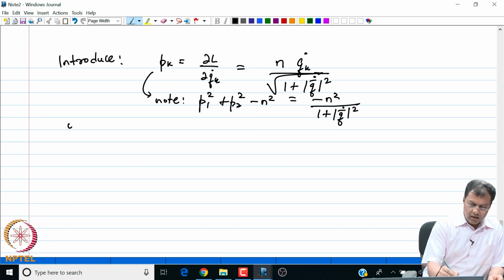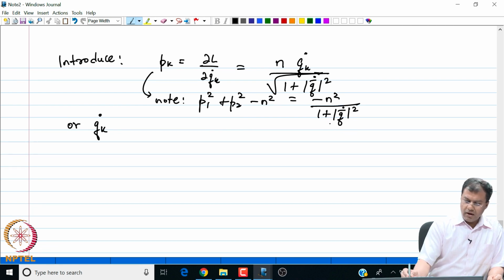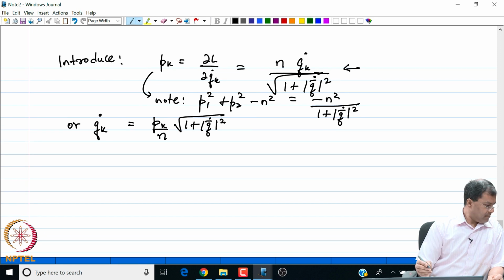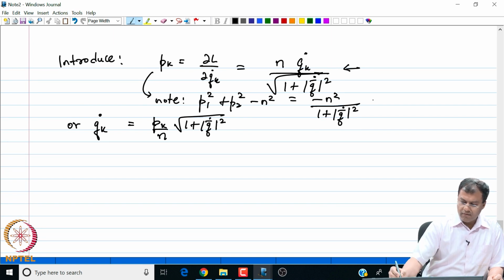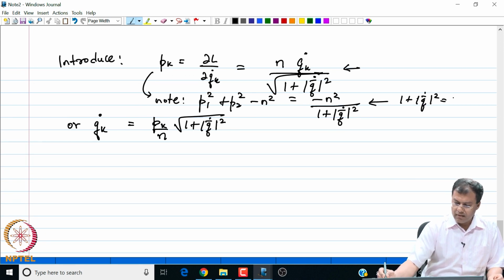Okay. Our function qk dot can be derived from this relation. My qk dot is pk by n times the square root of 1 plus q bar dot square, right. And from here I can always see that 1 plus mod q bar dot square is n square divided by n square minus p1 square minus p2 square.